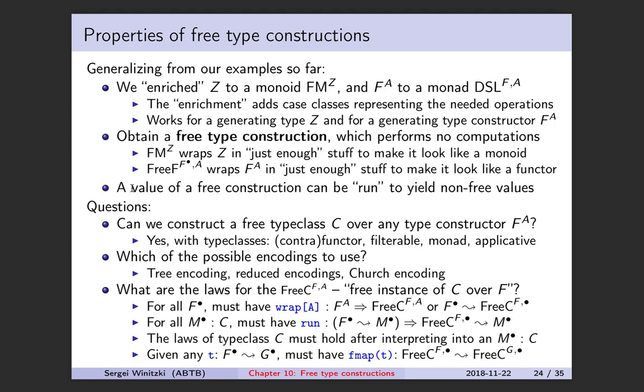And we can interpret these free values into non-free values, into specific concrete functors, monoids, and so on by running these values. So we have seen several encodings, and running is done differently for these encodings, but all of these encodings do the same thing.